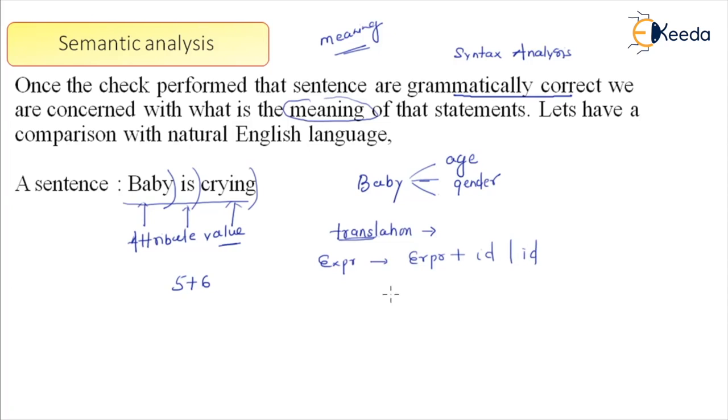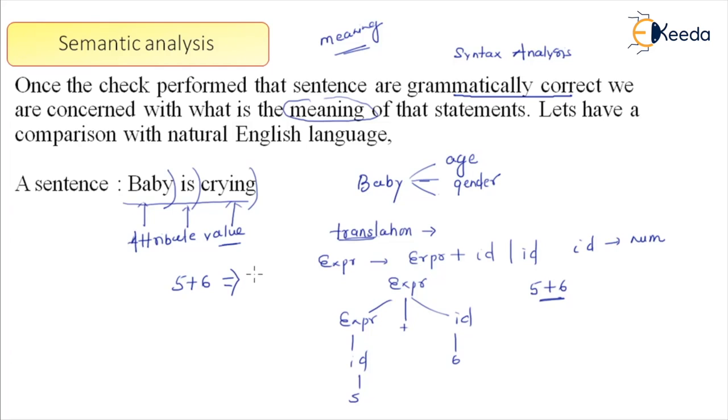If there is a sentence 5 plus 6, then it will look like expr derives expr plus id and id, and let's say id derives a number. So this is 5 and this is 6. What the syntax analysis phase does is it will say only that 5 plus 6 can be derived by using this grammar. Now if I give you 5 plus 6 without any knowledge and say just do the translation, what is the translation associated with it?